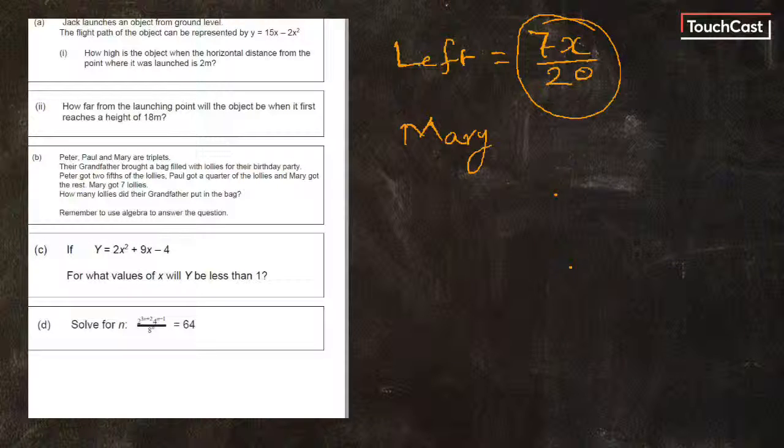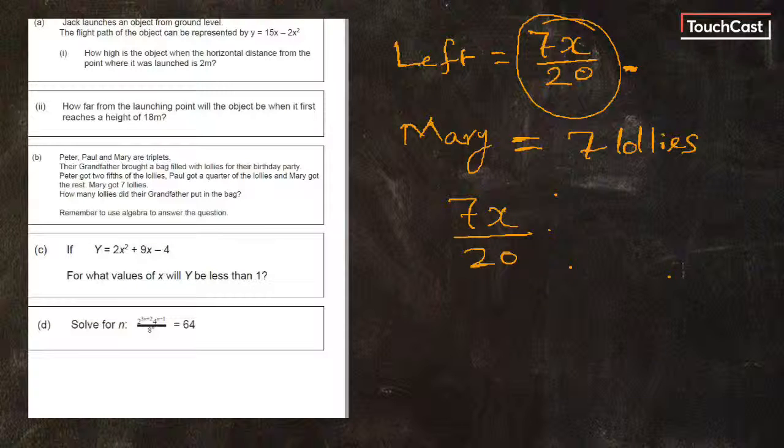And that equates to 7 lollies. This is one of the things that was given to us. One of the things we figured out, this 7/20ths of the whole, 7/20ths of x, is exactly the same thing as 7 lollies.